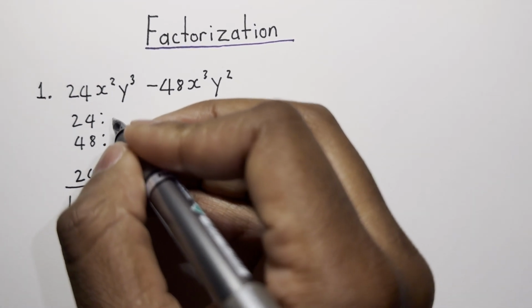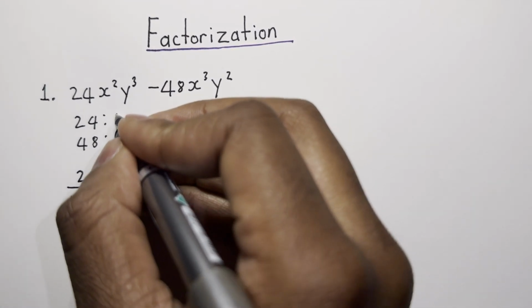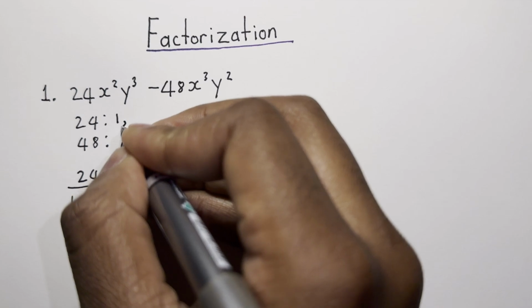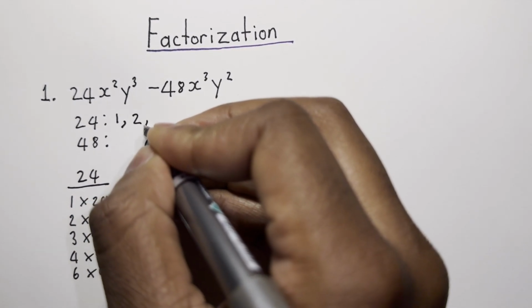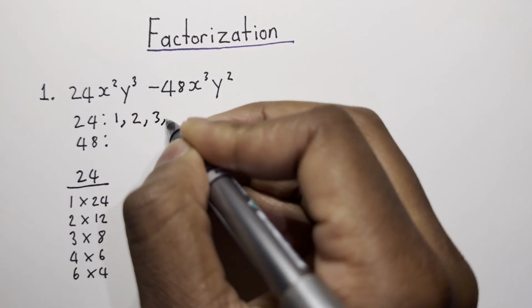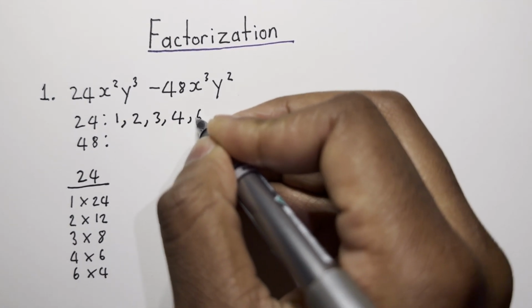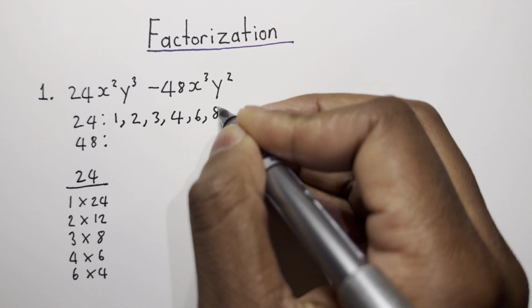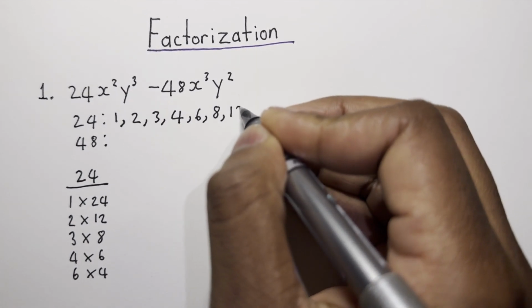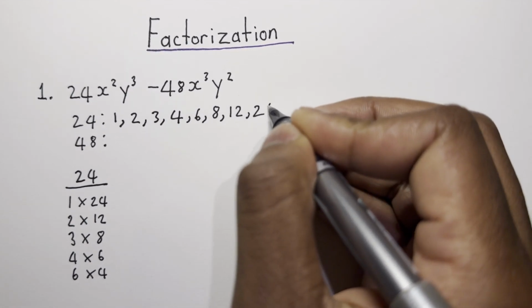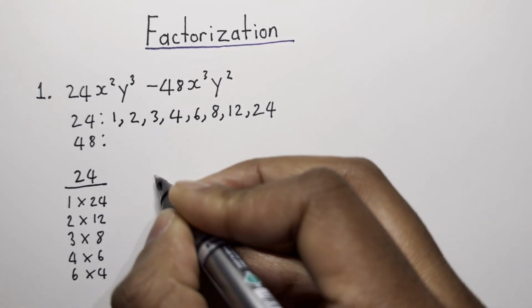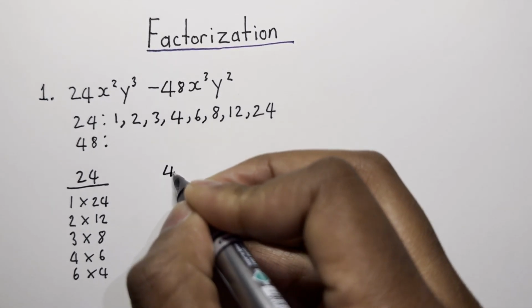So the factors of 24 are 1, 2, 3, 4, 6, 8, 12, and 24.